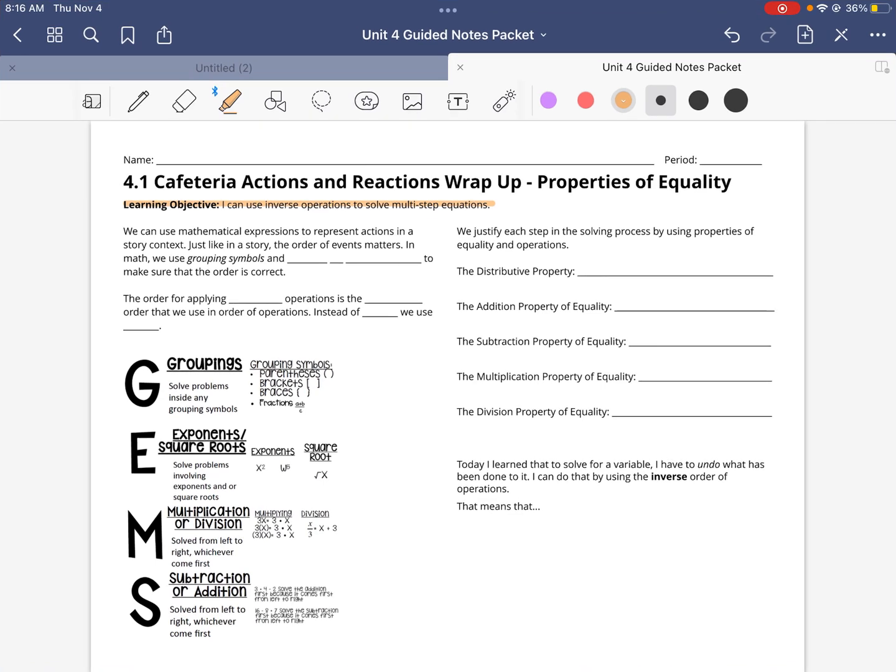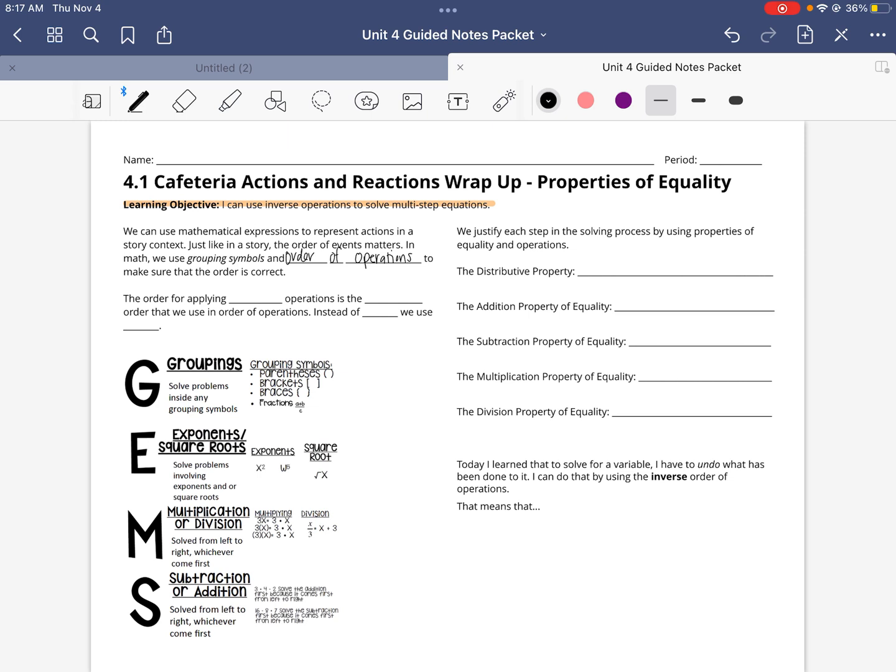And then for the actual notes in the notes packet, here's just kind of wrapping up everything we learned from doing the Nearpod. We can use mathematical expressions to represent actions in a story context. Just like in a story, the order of events matters. In math, we use grouping symbols and order of operations to make sure that the order is correct.